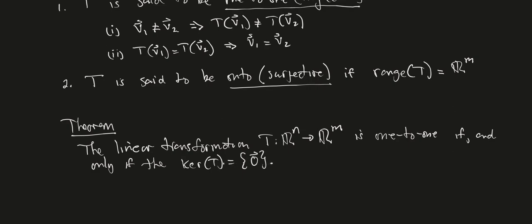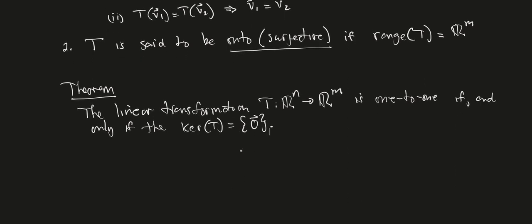So if the kernel consists of only the zero vector, then it turns out the linear transformation has to be one-to-one. And if it is one-to-one, then the kernel has to consist of only the zero vector.